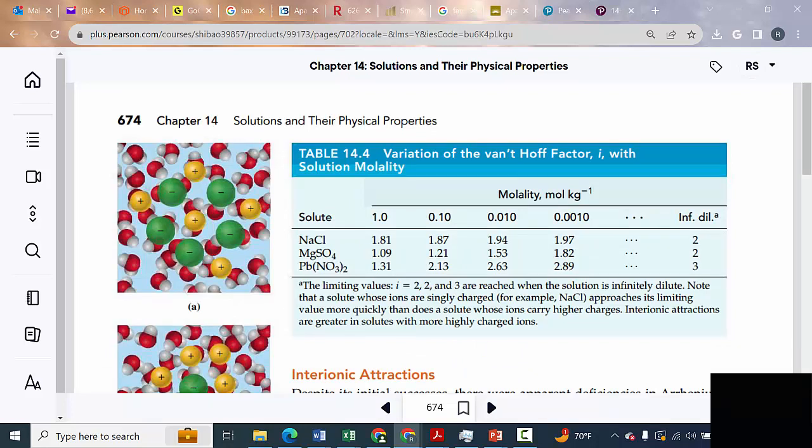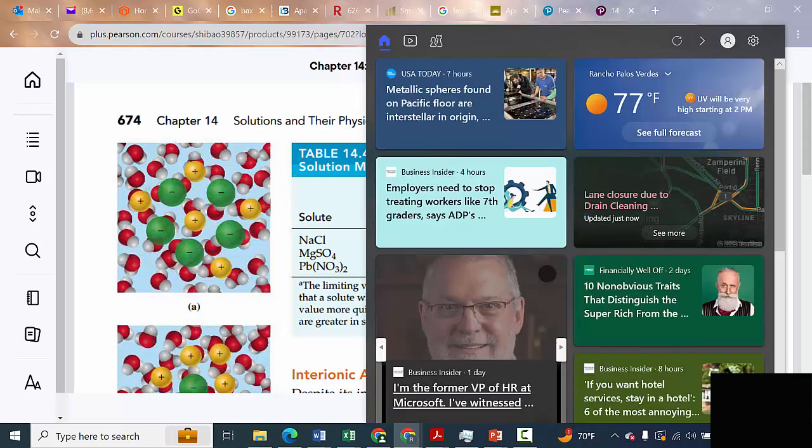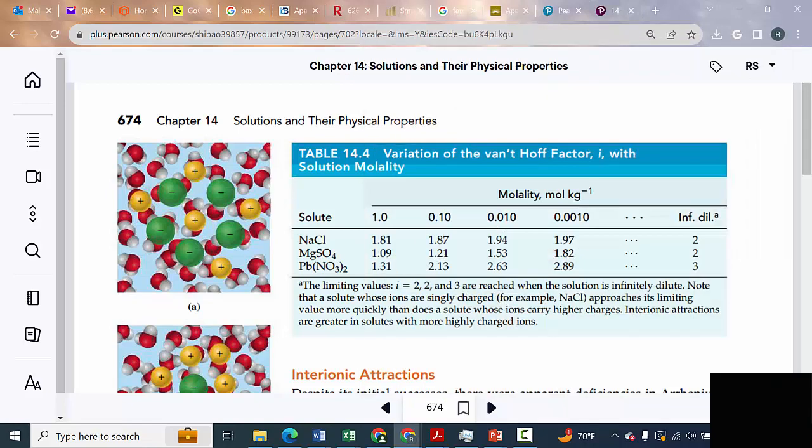So, for example, sodium chloride. When sodium chloride dissolves in water, it's a strong electrolyte, and a strong electrolyte should ionize 100%, correct? Well, that's only under ideal conditions. What are ideal conditions for solutions?